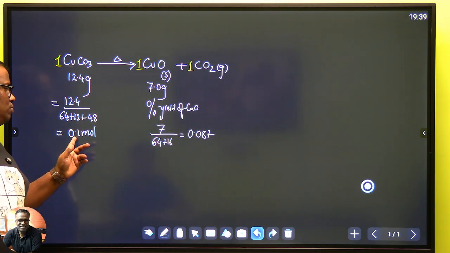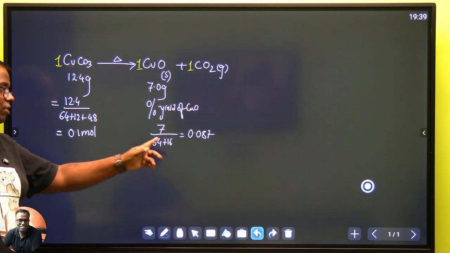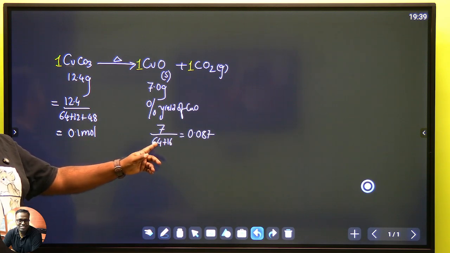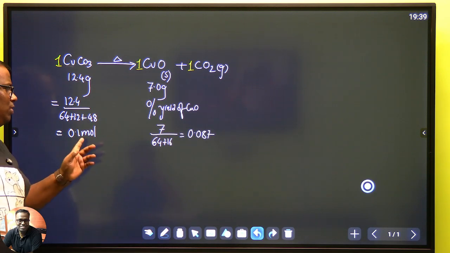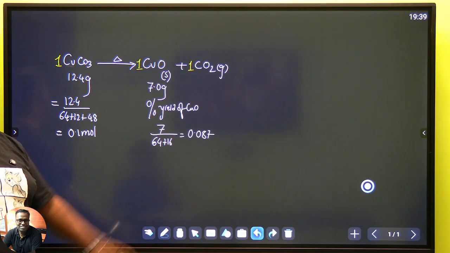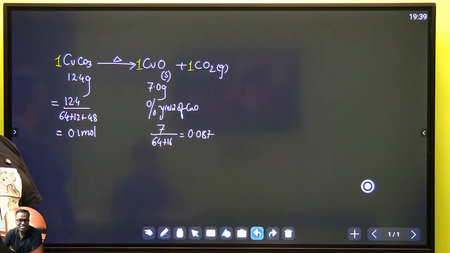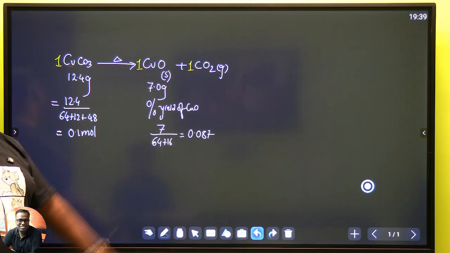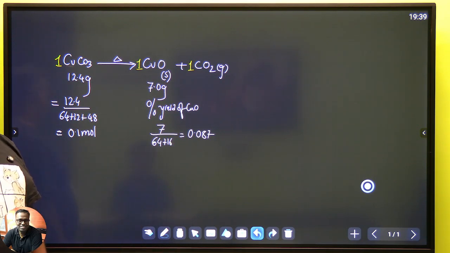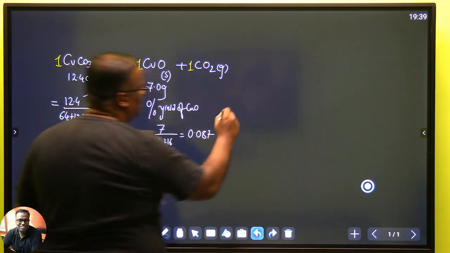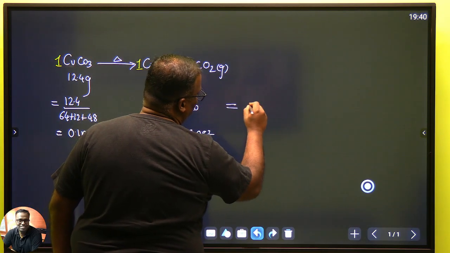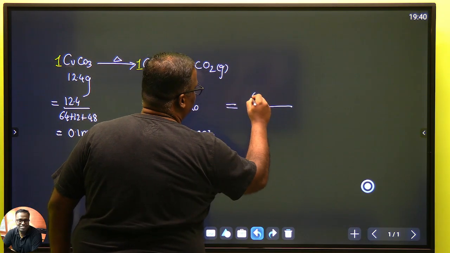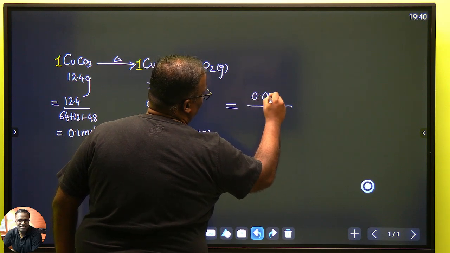If you had used 0.1 mole, you should have got 0.1 mole. The book has done it in grams; we will do it here in moles. 0.1 mole should give me 0.1 mole. Have you got 0.1 mole? No. You got only 0.087. To find the yield, what do we find? Output. How much is your output? 0.087.